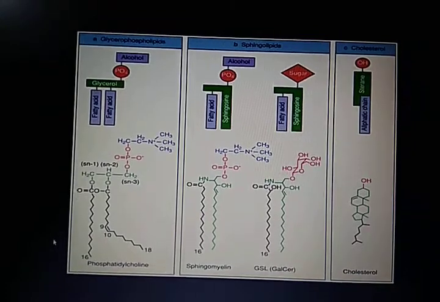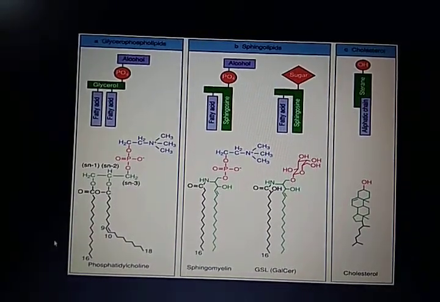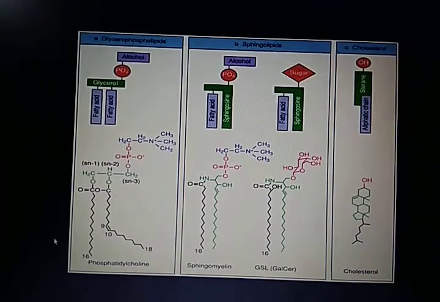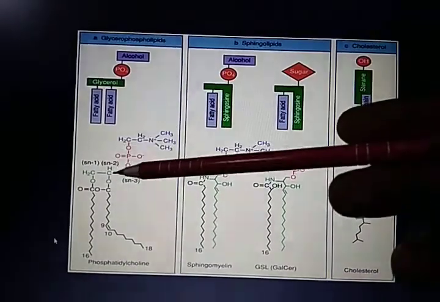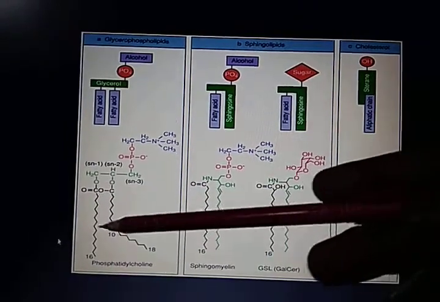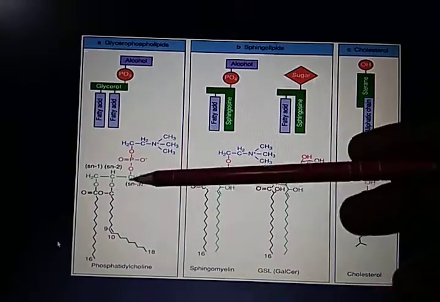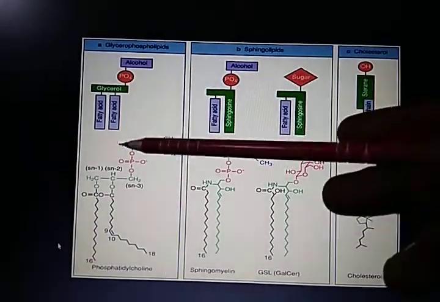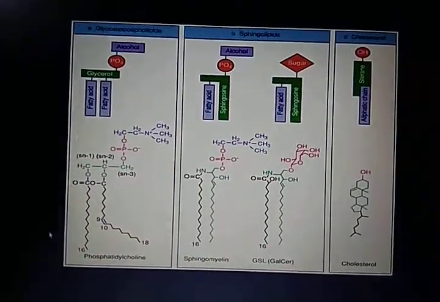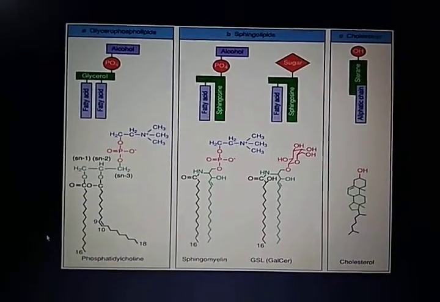By combining several different fatty acids and head groups, cells make many different phosphoglycerides. So, phosphoglycerides can be classified on the basis of what type of fatty acid is attached to the glycerol backbone and what the head group is. Phosphoglycerides play an important role in maintaining membrane fluidity.